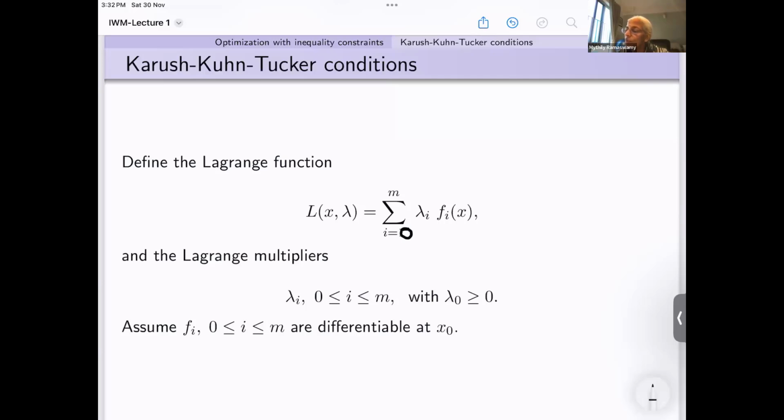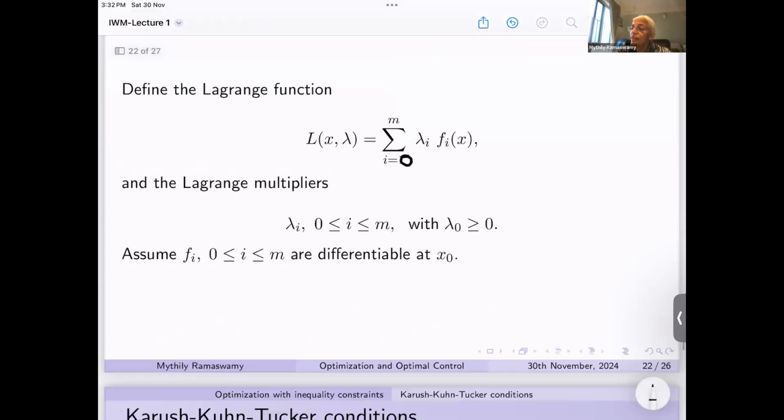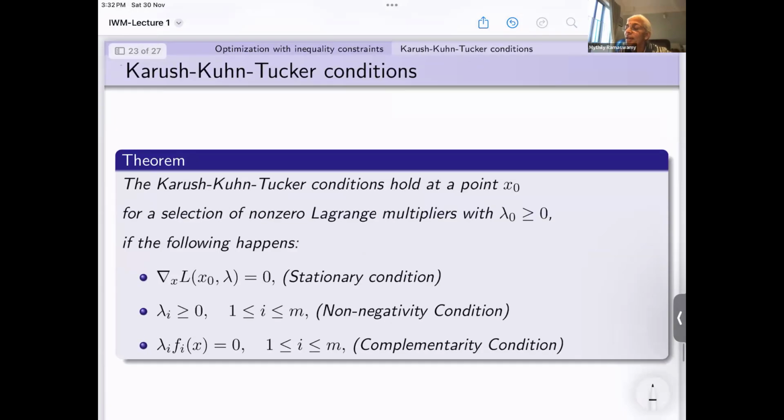Lambda naught is always assumed to be greater than or equal to 0. Now I assume all the Fi's are differentiable at x naught. Then what is the KKT condition? First of all, the stationarity condition says, as earlier, that the gradient of L at x naught will vanish, and all the lambda i's will be non-negative, for 1 to m.